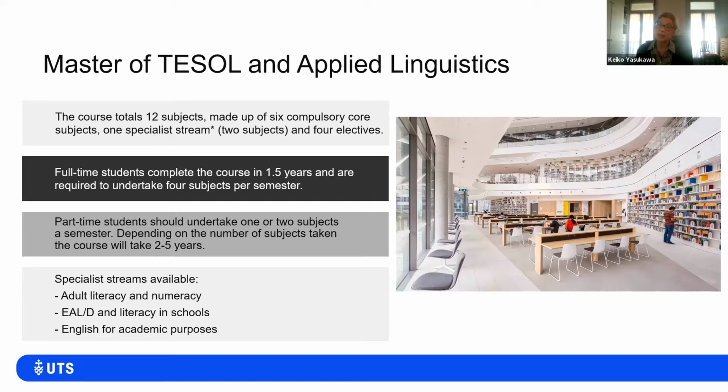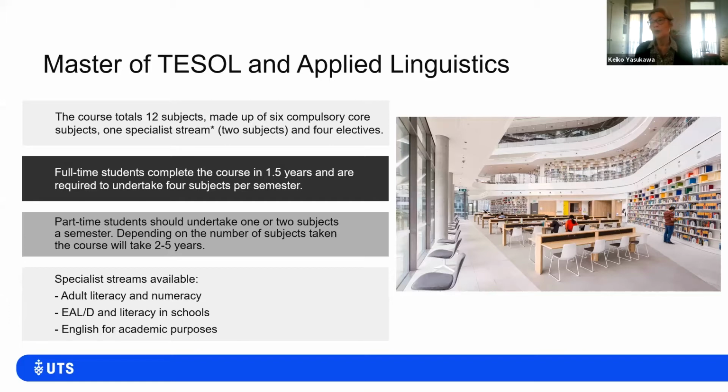This is teaching primary or secondary school students who are English language learners, needing special support and methodology to help them develop their English and literacy in the English language, and to meet their academic demands in their school education.